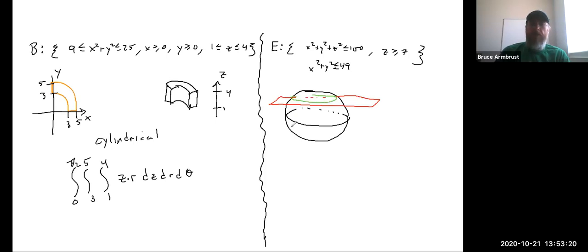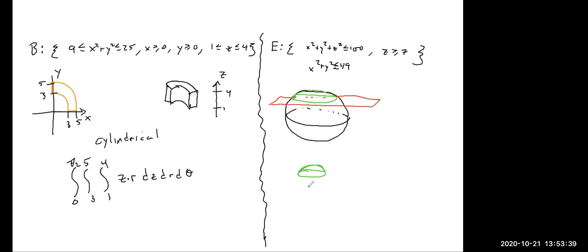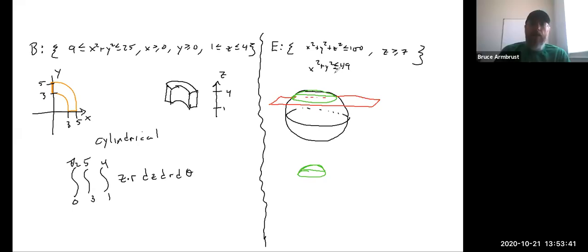Right? Spheres, when you slice through, you get circles. So this is like the top of the ice cream cone. Like if I were to redraw that, we're seeing that shape. So far, so good? Okay, and then we are slicing through this with another circle, x squared plus y squared is less than or equal to 49.